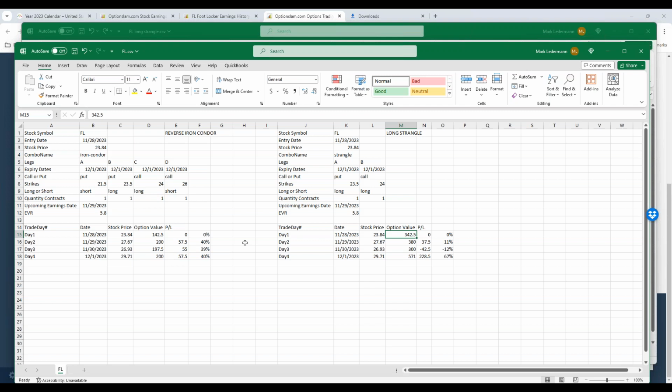Some are going to be very different. But in this particular example, the safer straddle was the smarter way to play this given day 1, because I had 40% profit against risk on day 1 and only 11% profit against risk on day 1 over here.